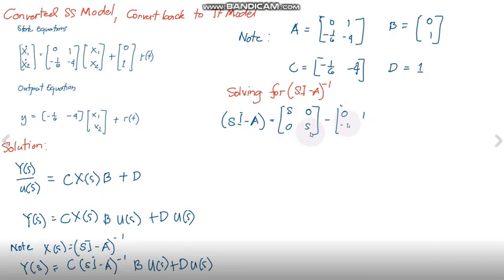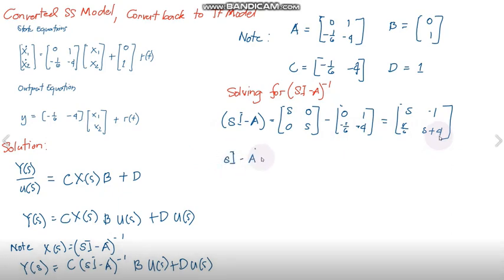It's a 2 by 2; we need an identity matrix of 2 by 2 because our A is a 2 by 2 matrix as well. So we can subtract the two matrices. S minus 0 is s, 0 minus 1 is negative 1, 0 minus negative 1/6 is positive 1/6, and s minus negative 4, so s plus 4.